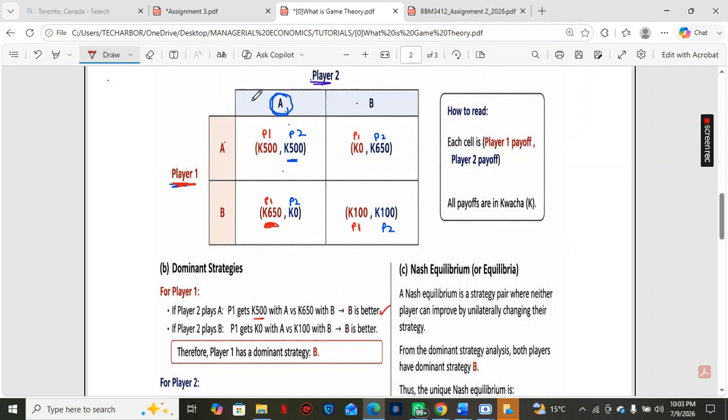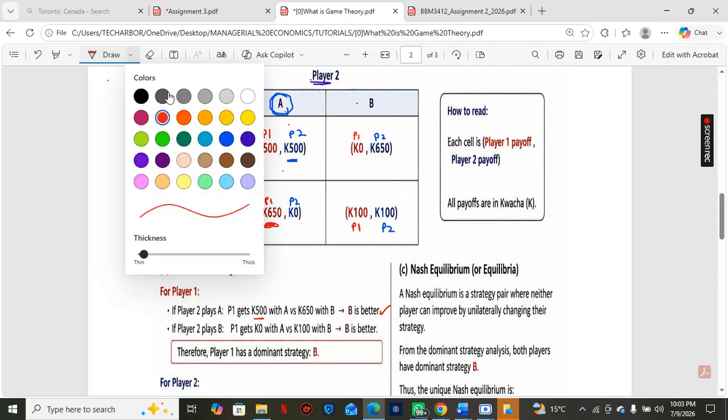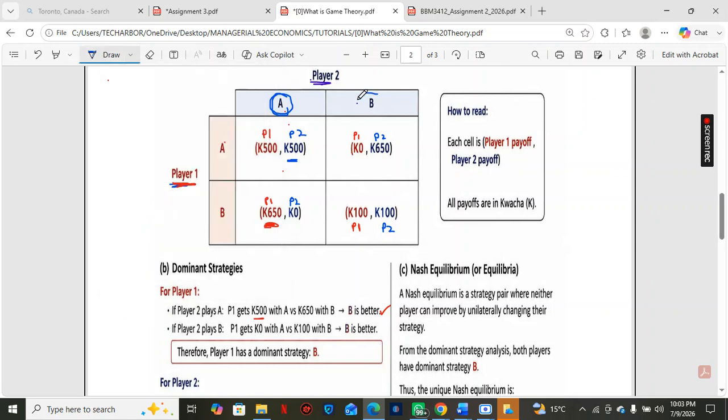Okay. If player 2 chooses strategy B, it means they're getting a payoff of 650 kwacha here. So player 1, if he chooses strategy B, is going to get a 0.